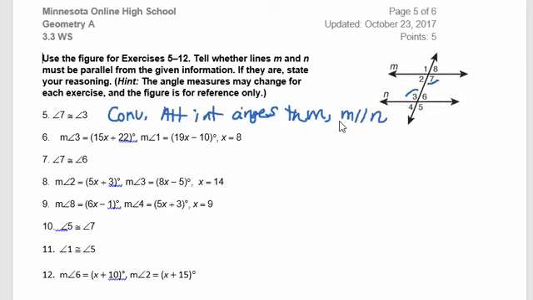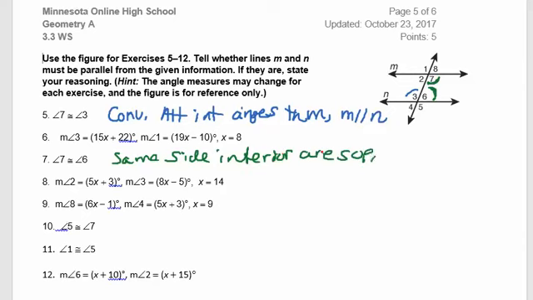Okay, let's look at number 7. In number 7, we have that angle 7 is congruent to angle 6. What kind of angles are these? These are same side interior. But same side interior angles are supplementary. They're equal to 180 degrees. So they're not telling us they're supplementary.